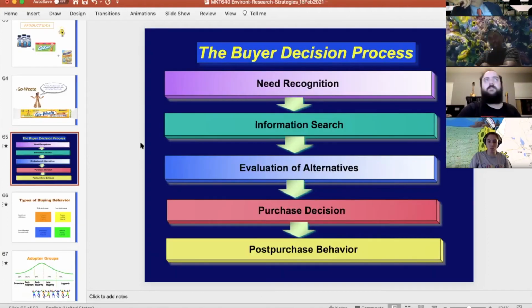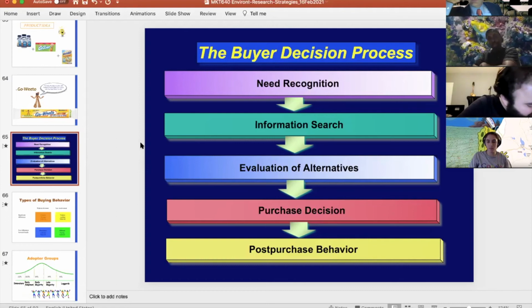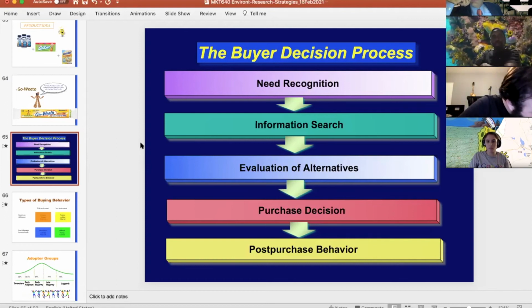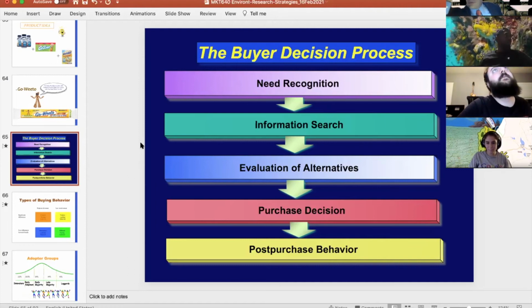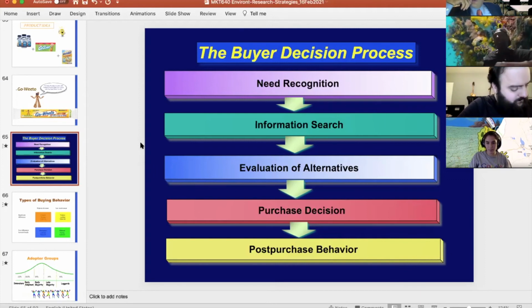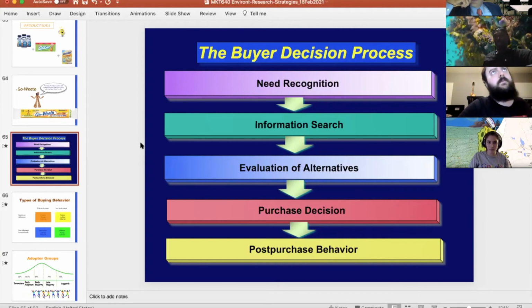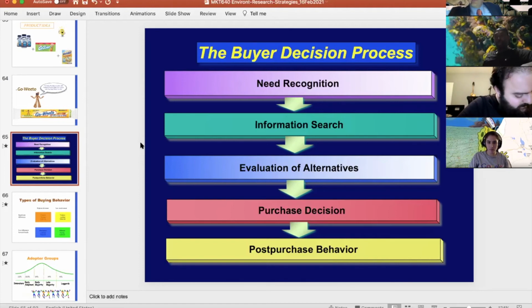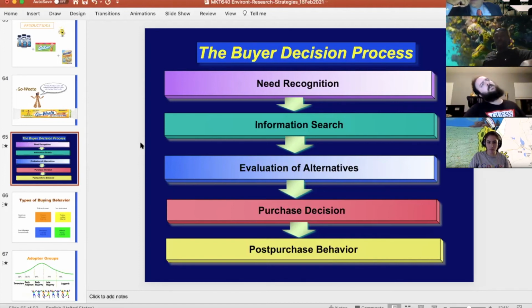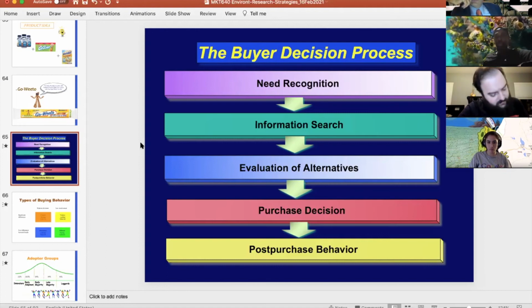So the need recognition is therefore creating a threshold, creating an intensity for people to want an improvement, or what they perceive to be better. So again, it's an issue of perception. Information search is based on the fact that there are things that are high involvement and low involvement. Usually products that are high involvement require a bigger sum of money, and they require more information in order to make a decision because there is a higher perceived risk.